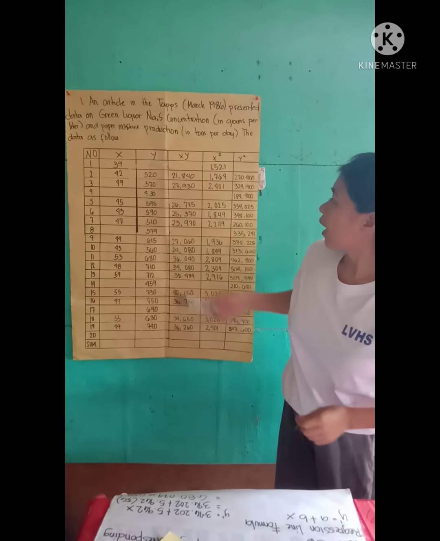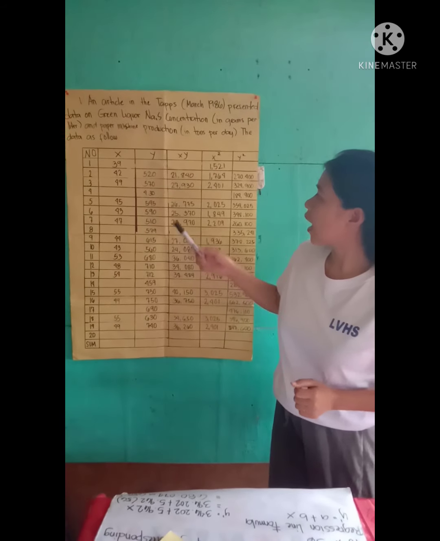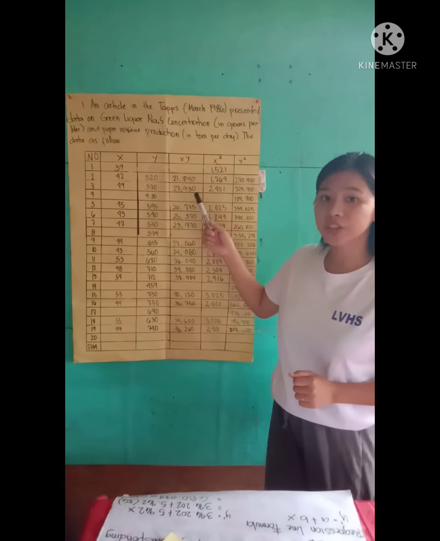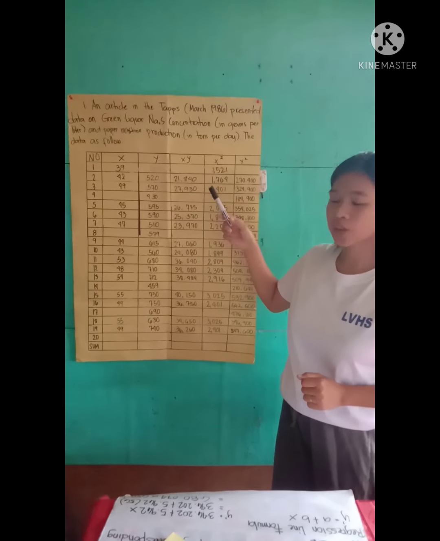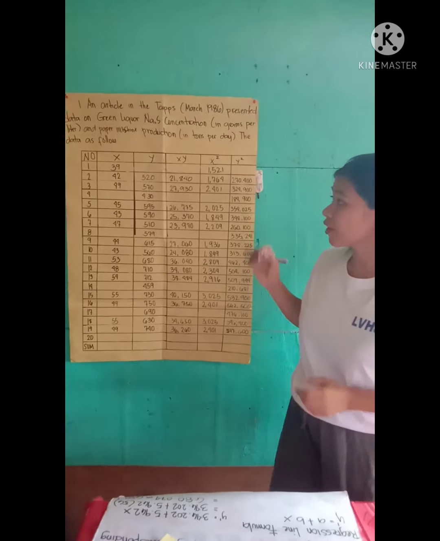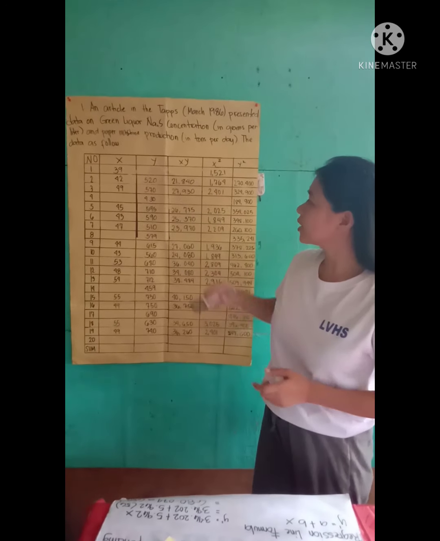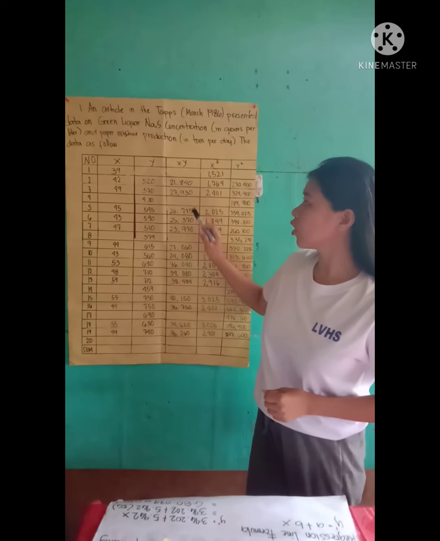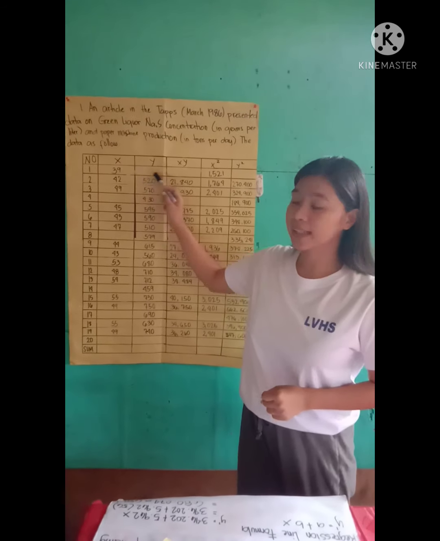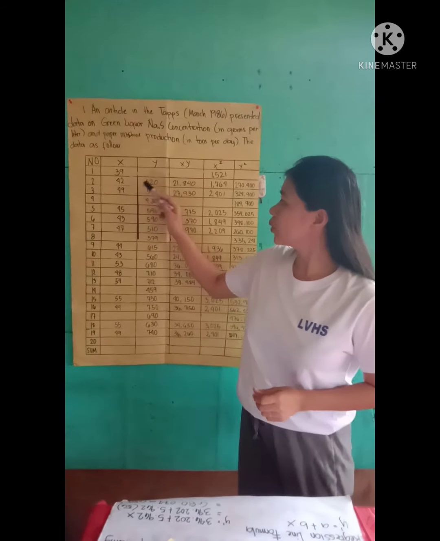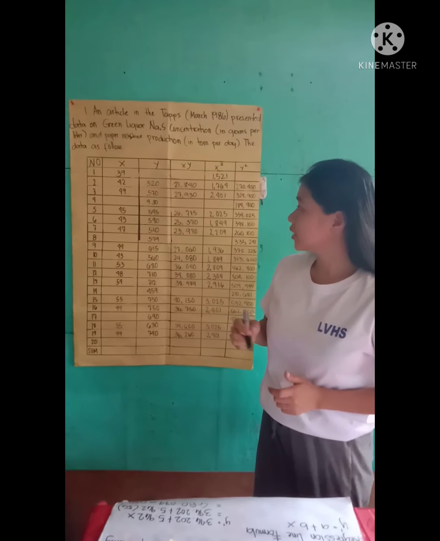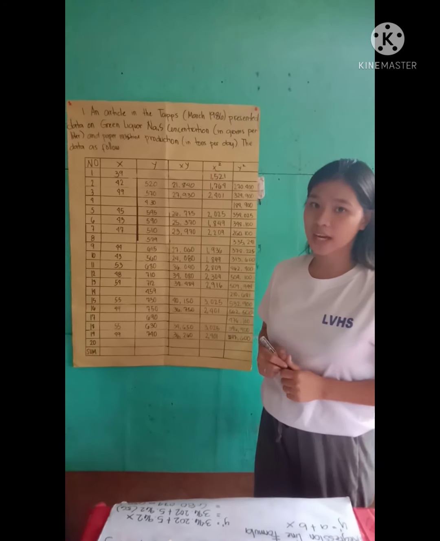First, I want to explain how I got my answers in the X squared and Y squared columns. For example, in number 2, I get the answer in the XY column because I multiply X and Y. So 42 times 520 is equal to 21,840.